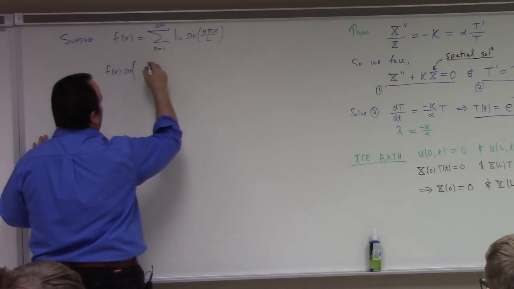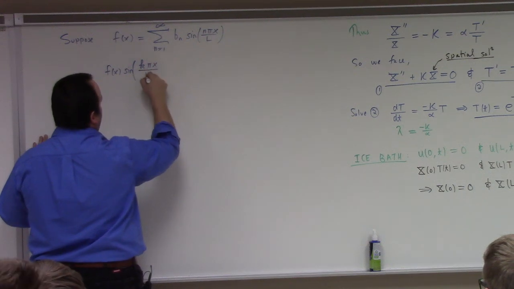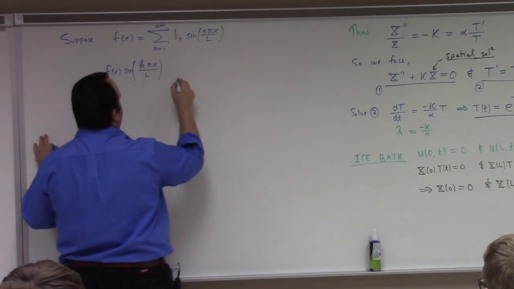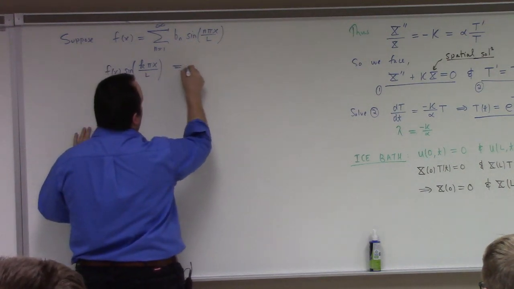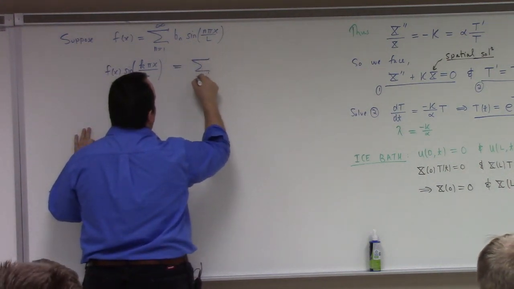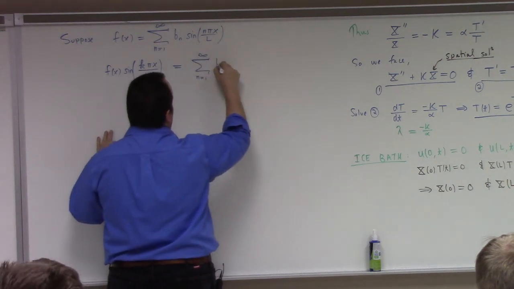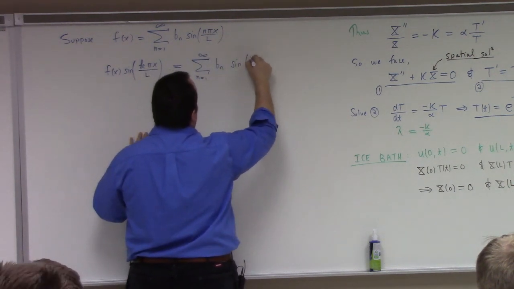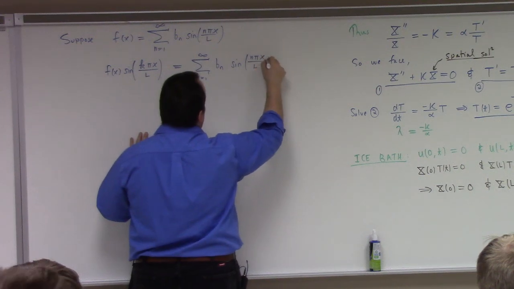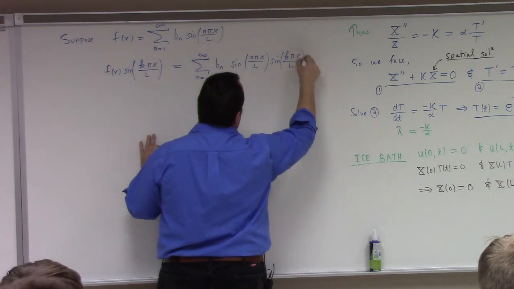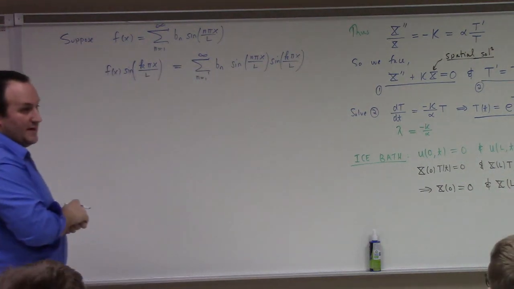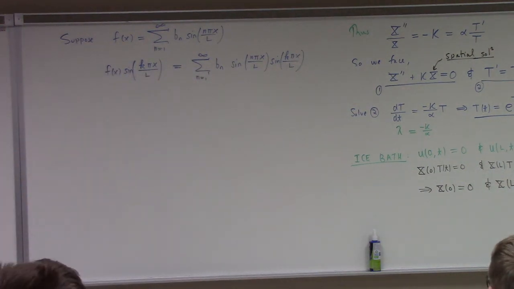Well, m looks too much like my n. Let's say k pi x over L, right? And so what we're going to do is multiply by this on both sides. Like that. And then we're going to take that and integrate from 0 to L.